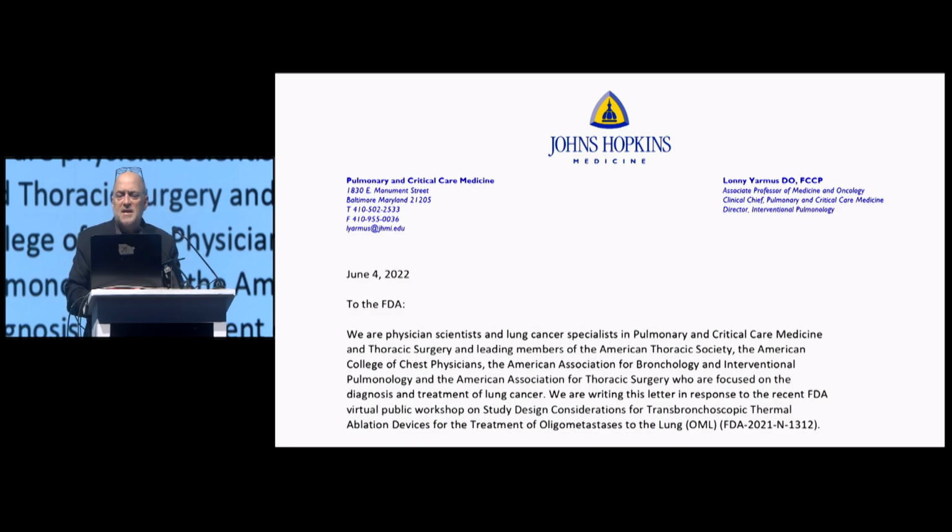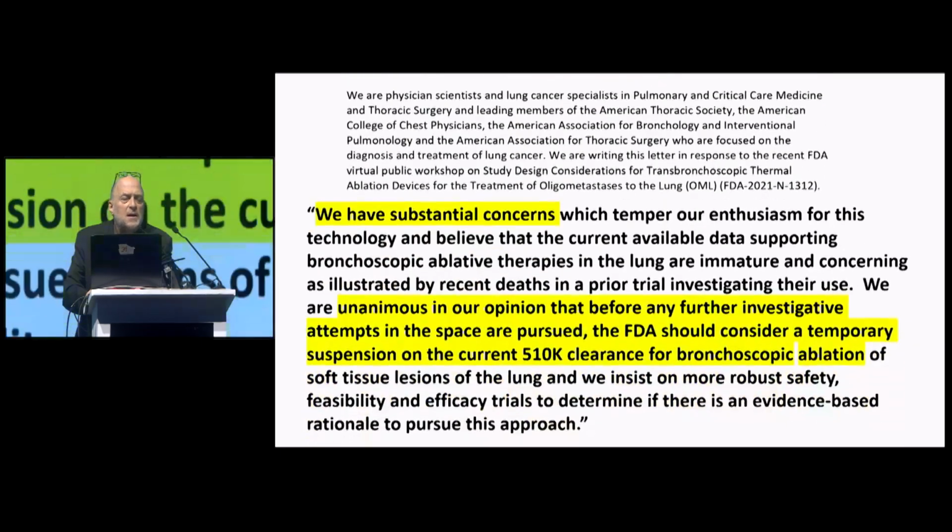This is a perfect example. This is a letter written to the FDA by a series of physicians in the US, authored by Lonnie Armas at Johns Hopkins, in regard to microwave ablation. They wrote, "We have substantial concerns which temper our enthusiasm for this technology and believe that the currently available data supporting bronchoscopic ablative therapies in the lung are immature, concerning as illustrated by the recent deaths that Kyle mentioned earlier in a prior trial investigating use.